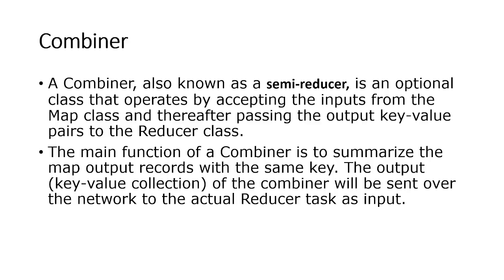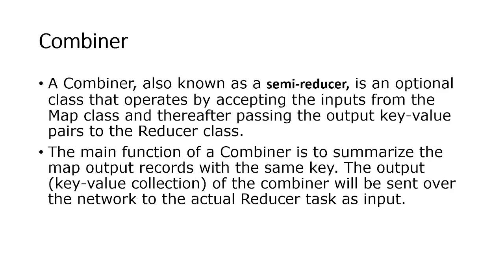So the combiner is also known as a semi-reducer. It is not actually a reducer. It is an optional class that accepts input from the map class and, after processing, passes the output as key-value pairs to the reducer. The main function is to summarize the map output records with the same key, that is, it combines similar data based on the key-value pair before it sends it to the reducer.